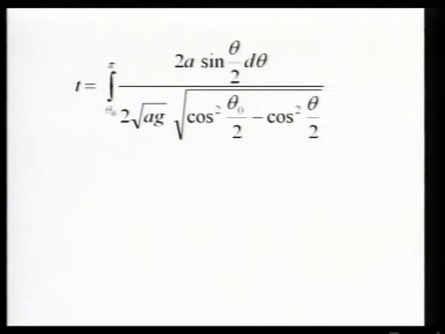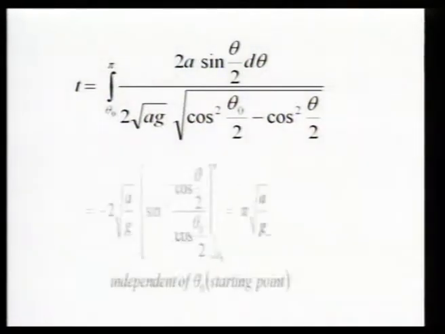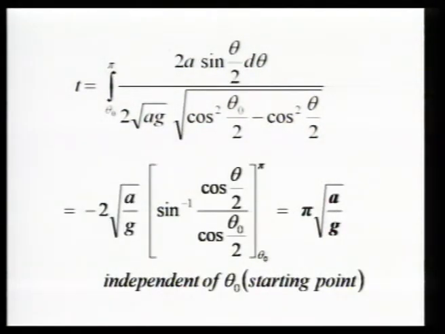So this 2a sin theta by 2 d theta over the integral of under root 2ag (cos square theta 0 by 2 minus cos square theta by 2). And this can be integrated simply because this is of the form dx over under root a square minus x square, whose integral is sine inverse x by a. So we obtain sine inverse of cos theta by 2 whole divided by cos theta 0 by 2, from theta 0 to pi by 2.